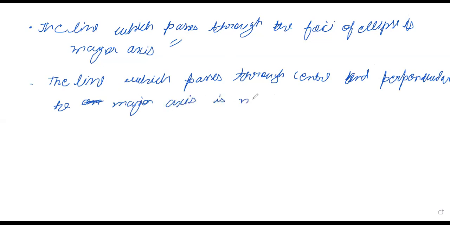That is the minor axis. So the line which passes through the center like the major axis, but is perpendicular to the major axis, is known as the minor axis. So first note these two points, then we will go through the terms.